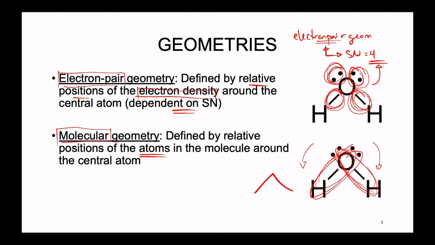So both of these geometries are a way to define what the shape of water is. Which one we're going to use is going to depend on whether or not we want to pay attention to the lone pairs and their existence around the oxygen, or if we're just looking at the molecule as a whole and saying lone pairs are there, but electrons are tiny, we're just looking at the shape that the atoms make relative to each other.